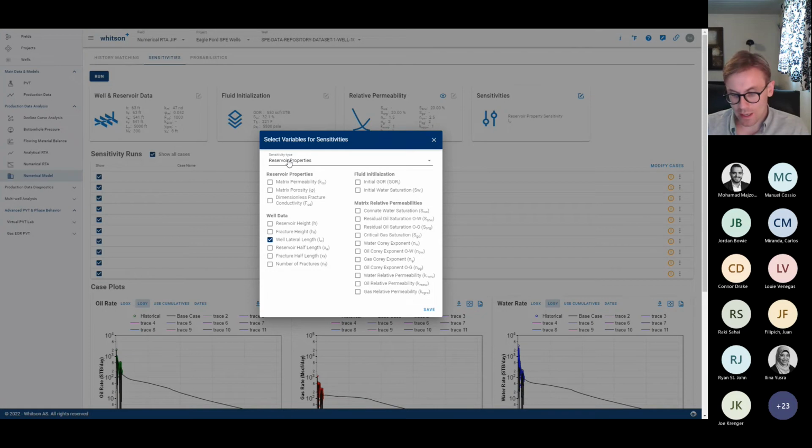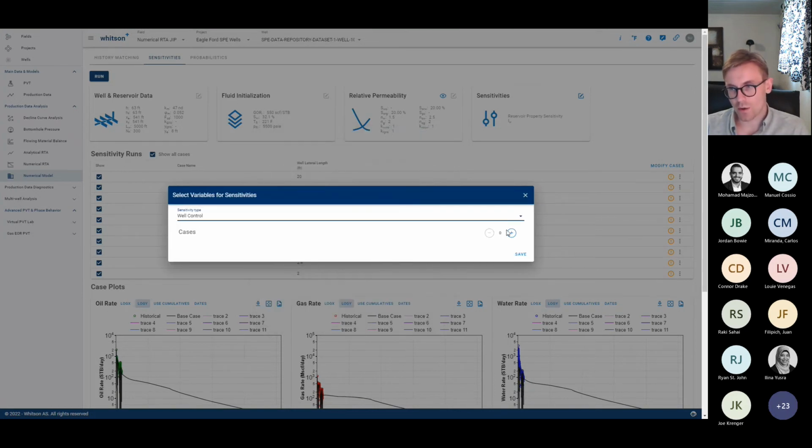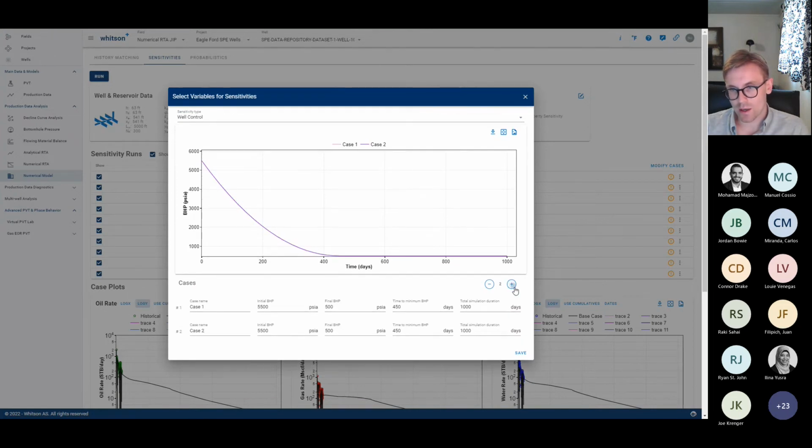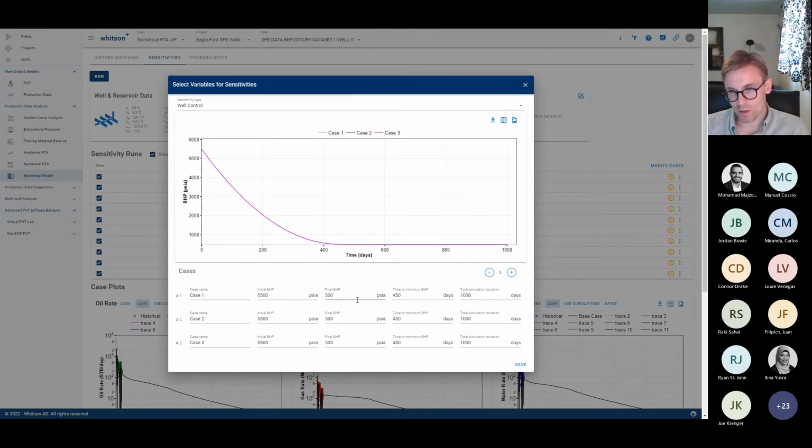Let's say we were dealing with a gas condensate well and we wanted to look at how drawdown impacts my EUR. In this case, I can go in and add, let's say, 3 different cases. I want one to reach my minimum BHP after 100 days, one after 1,000, and then one after 450.